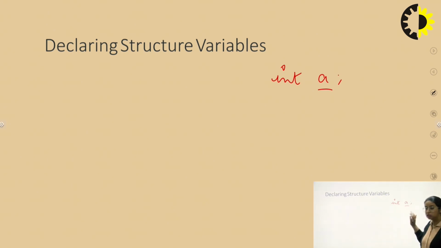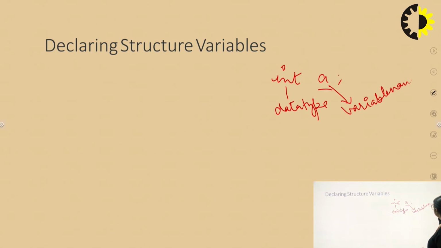In this declaration we require two things: first the data type and second the variable name. Similarly, for declaring a structure variable we need the data type and the variable name. Now the question arises, which type of data type are we using here?